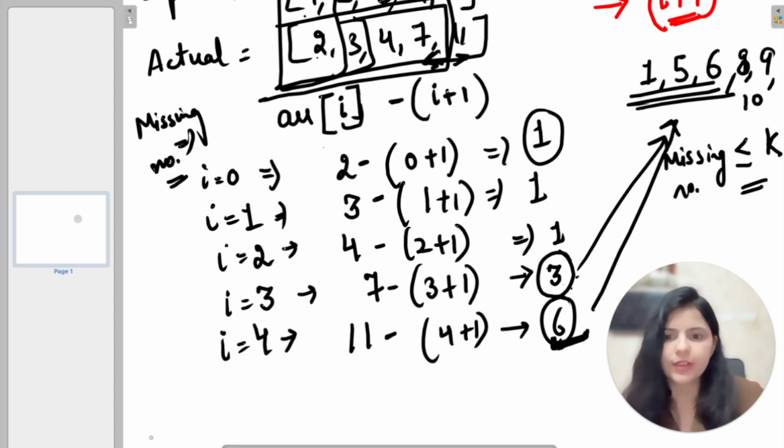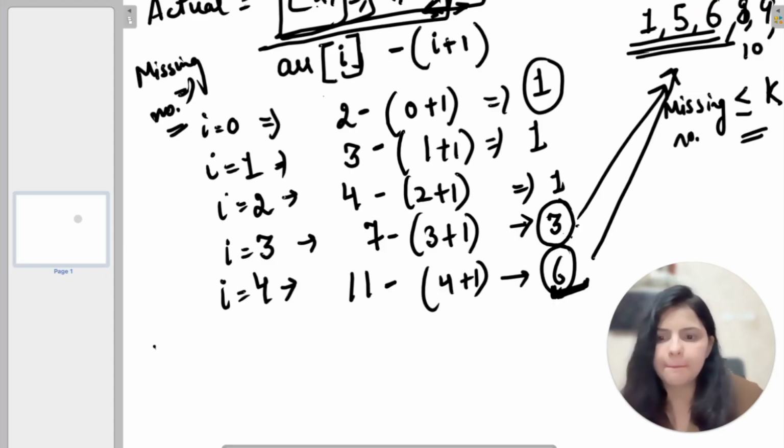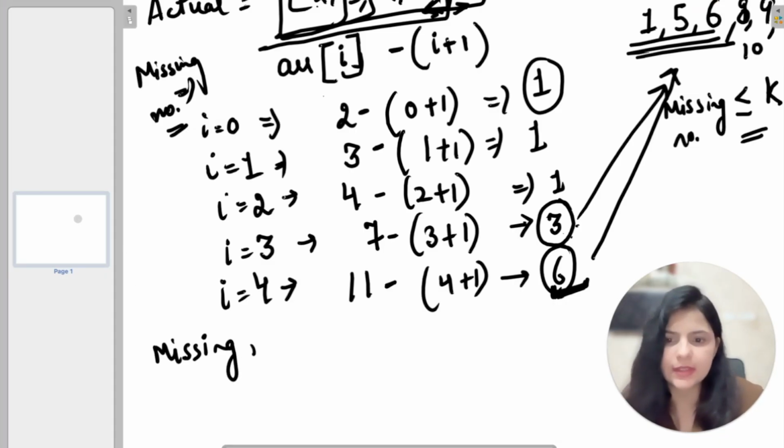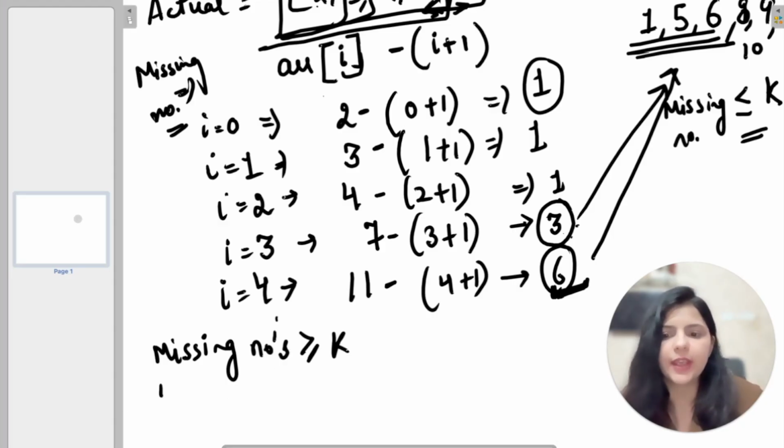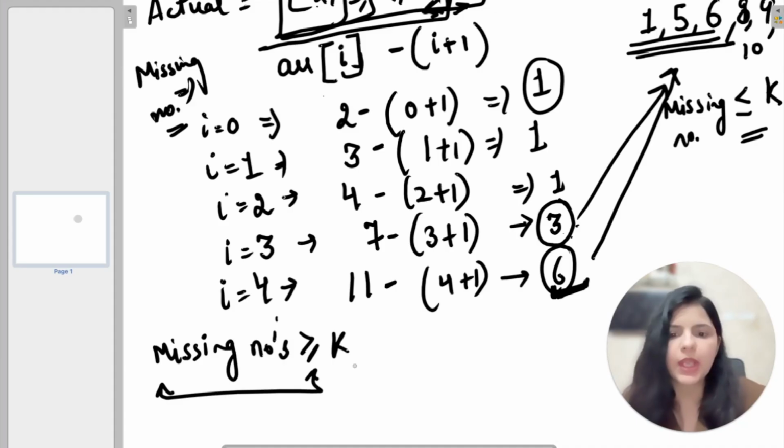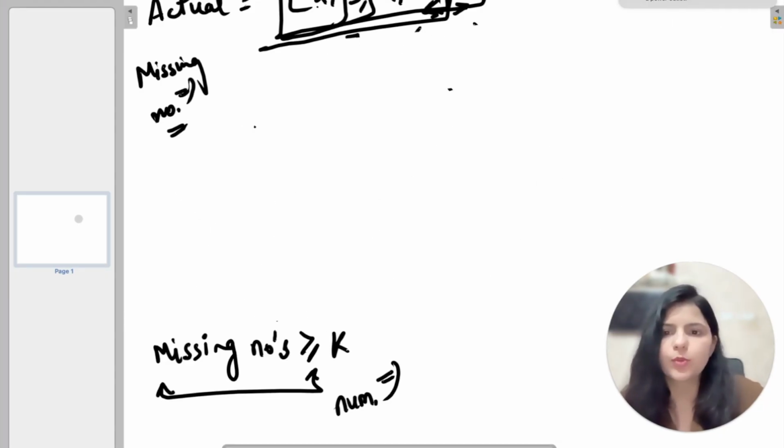So whenever your missing numbers, that means the gap, how many numbers are missing? So when missing numbers are greater than equal to k, that means there only you will find your missing number, right? But how will you find that number? So let me show you. So what was your array? 2, 3, 4, 7 and 11, right?